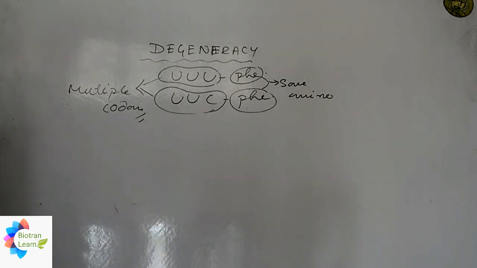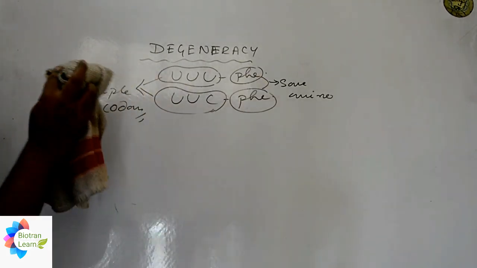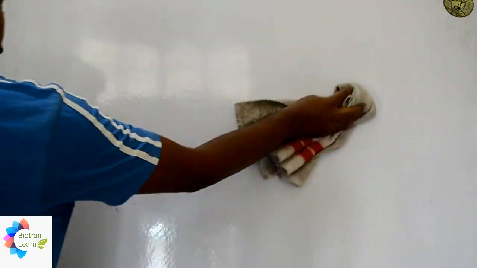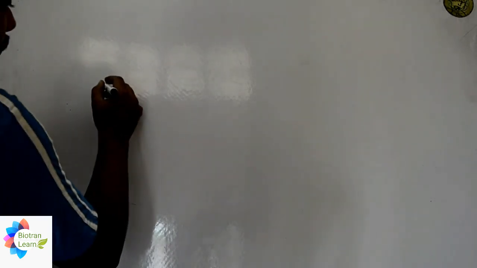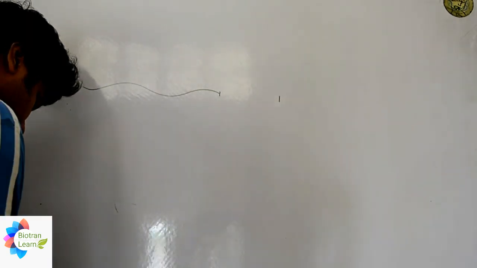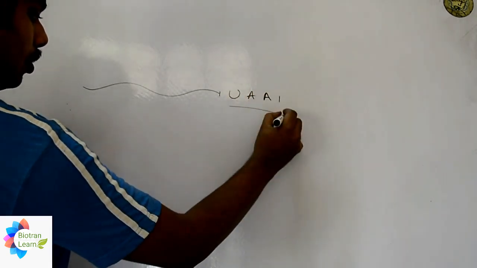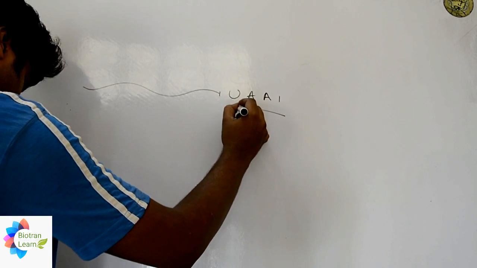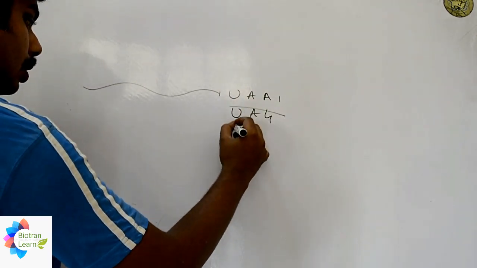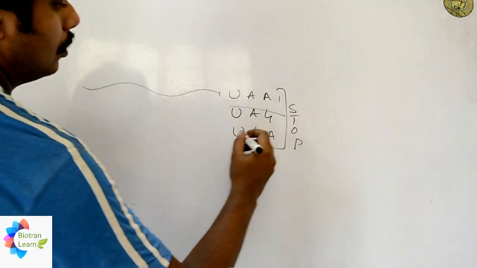And now let's come to the stop codon. I have told you that there are three kinds of stop codons. In a particular process, the translation has to stop somewhere, right? Suppose this is my mRNA strand, and in this section I have UAA, or there might be UAG or UGA. All these codons will work as a stop codon.